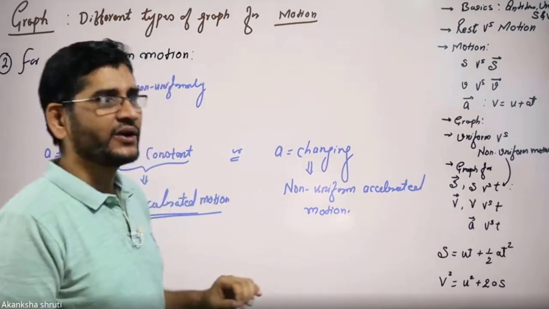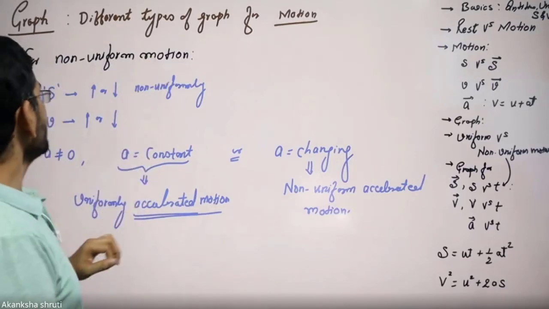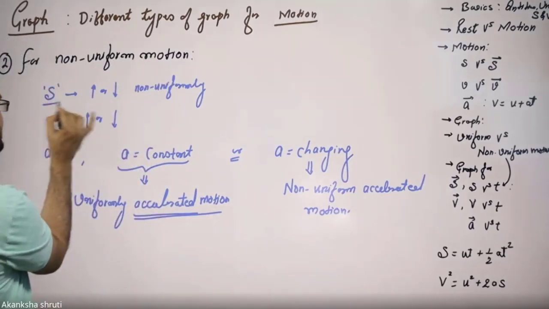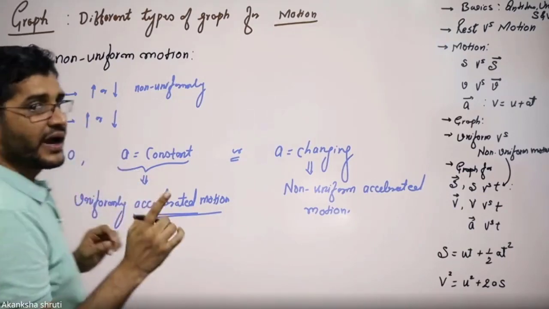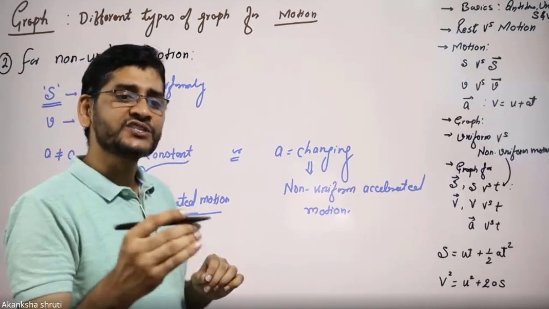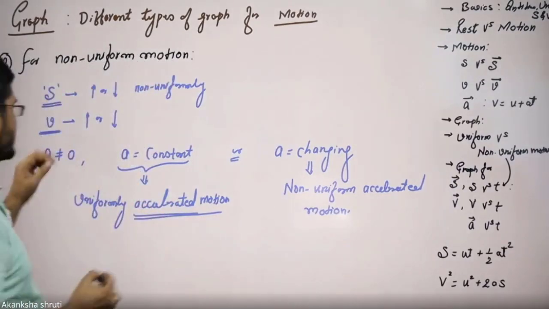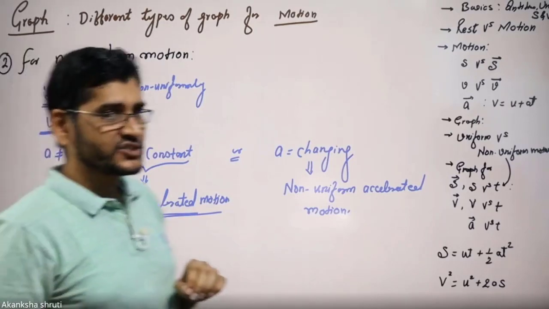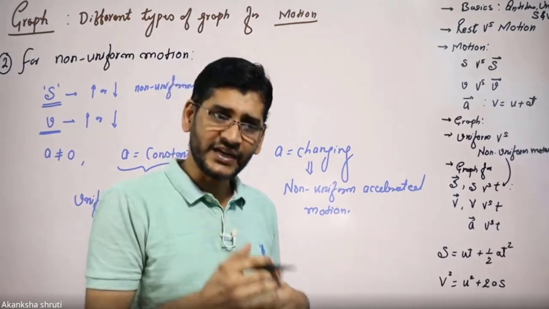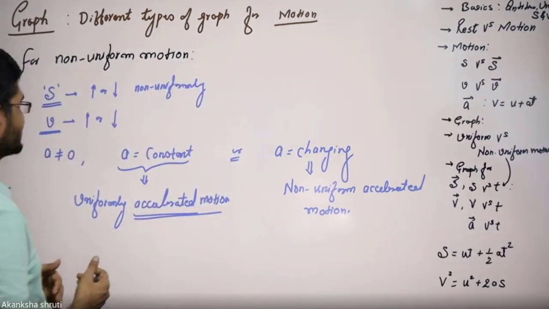Keep in mind, for a non-uniform motion, the distance covered in different intervals of time will surely be different. As a result, the speed at different times will also be different. The speed is changing. But if the change in speed is such that the acceleration is constant, then it is called uniform acceleration.